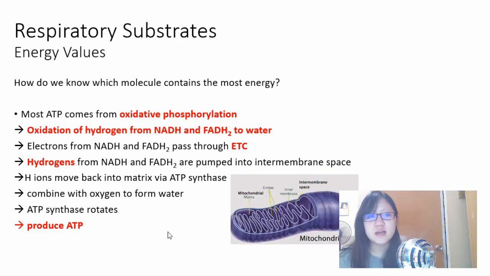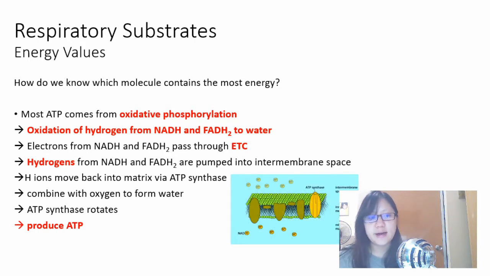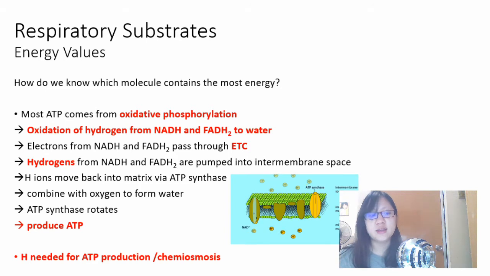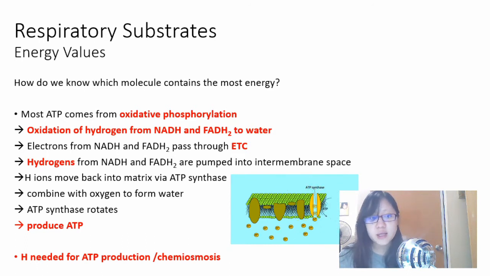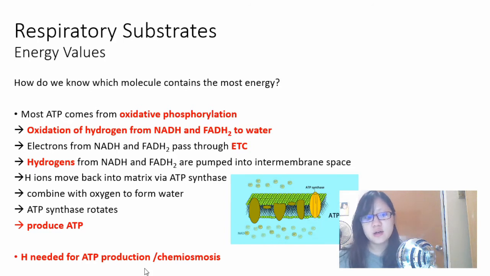And you can see here that a lot of the processes rely on hydrogen atoms and hydrogen ions and electrons. And therefore, we can safely conclude that the amount of hydrogen available would determine ATP production and chemiosmosis.